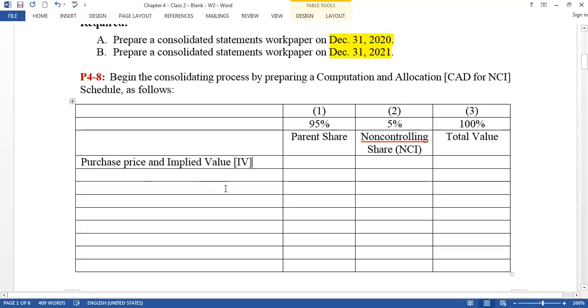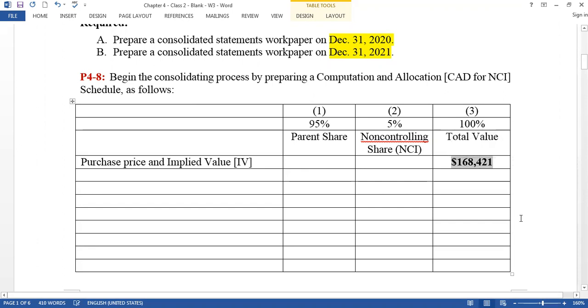So I already explained how to calculate the implied value in my previous lesson. According to the implied value, the total value of this company is 168,421. Okay, so you should know how to do that.